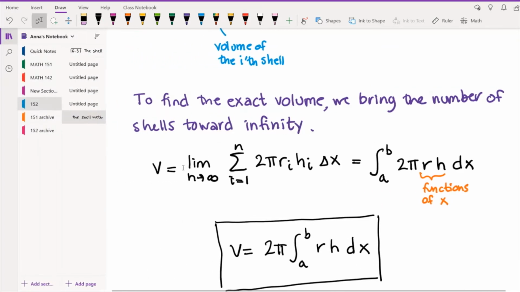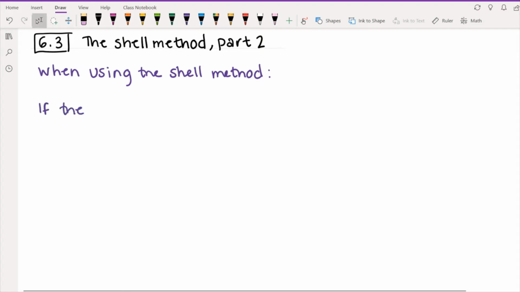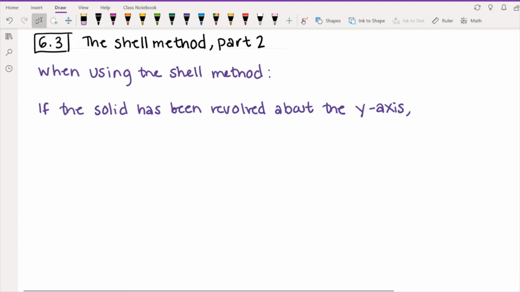So I just want to summarize that and then say what's going to be different with integrating with respect to y. So when using the shell method, if the solid has been revolved about the y-axis, you're going to integrate with respect to x.